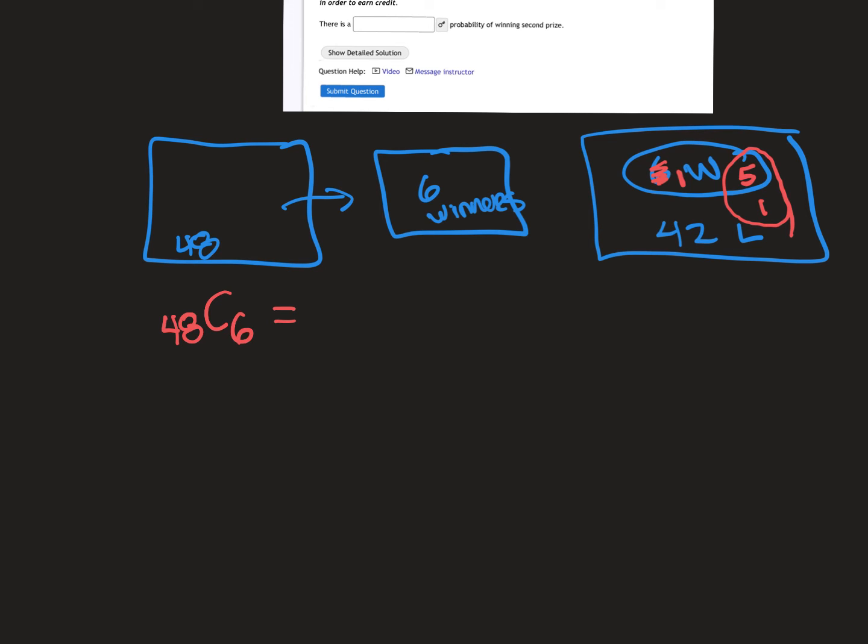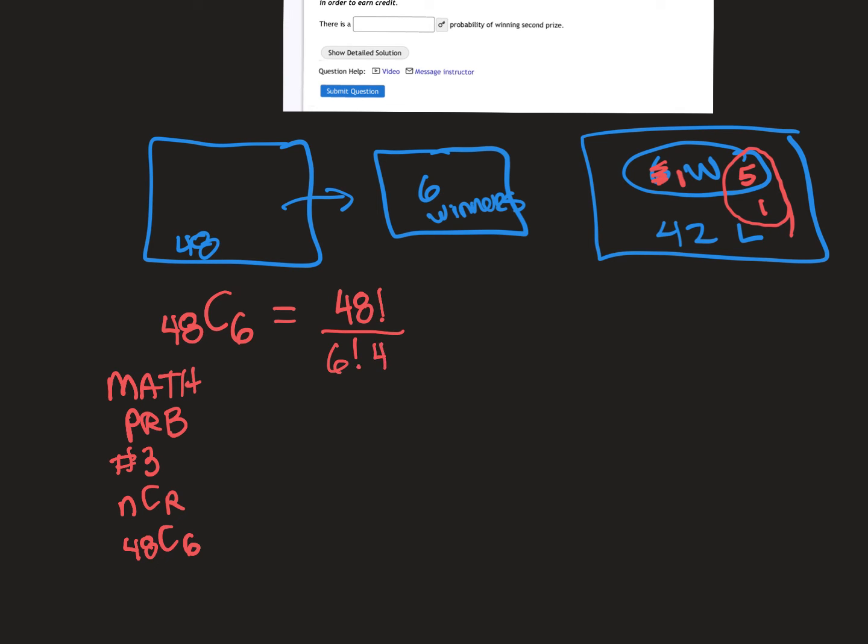If you're on a TI-84 calculator, you would go to the math button, then prob, and I think it's number 3, which is combinations, nCr, and then you put in 48 and choose 6. If you were doing it by hand, this would be 48 factorial over 6 factorial times 42 factorial.